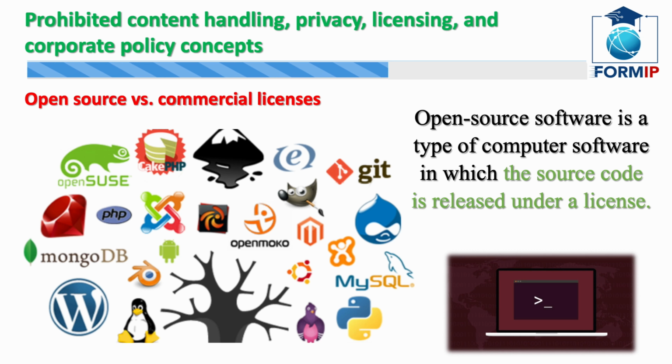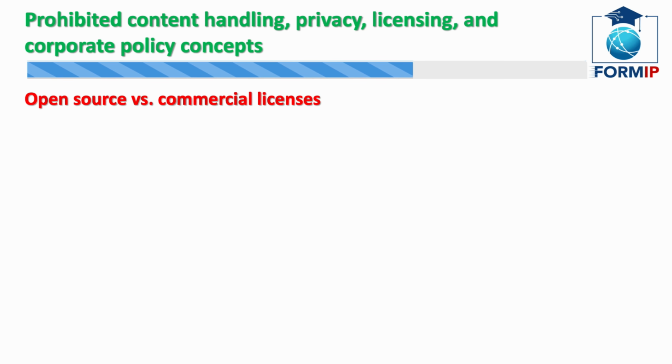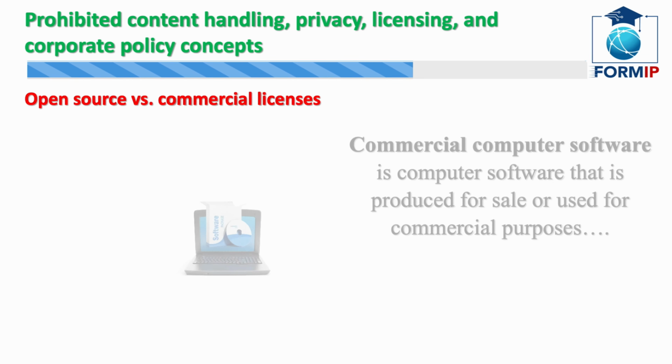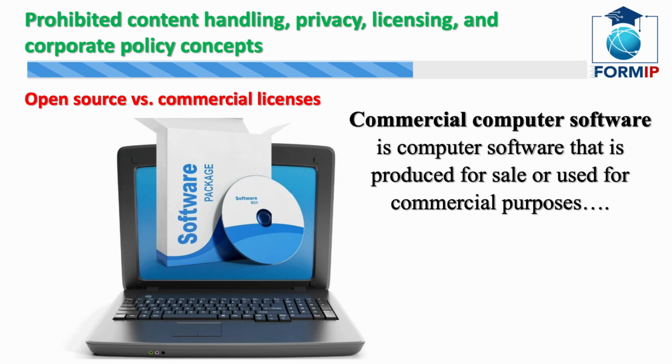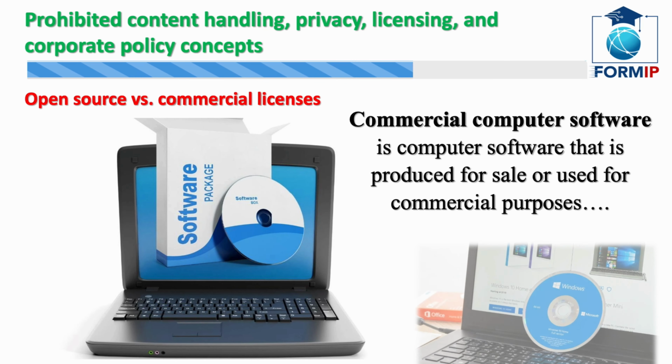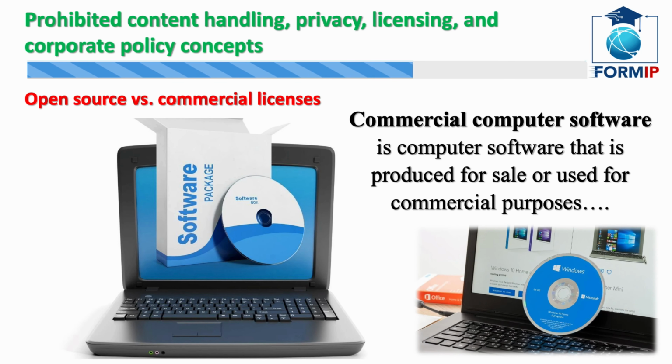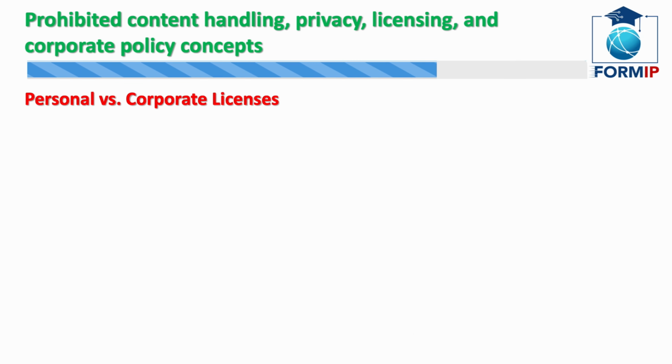The Linux operating system is an example of open source software that is available in a variety of system distributions. On the other hand, commercial computer software is computer software that is produced for sale or used for commercial purposes. Microsoft Windows, Apple Mac OS, and Adobe Creative Cloud are examples of commercial software.